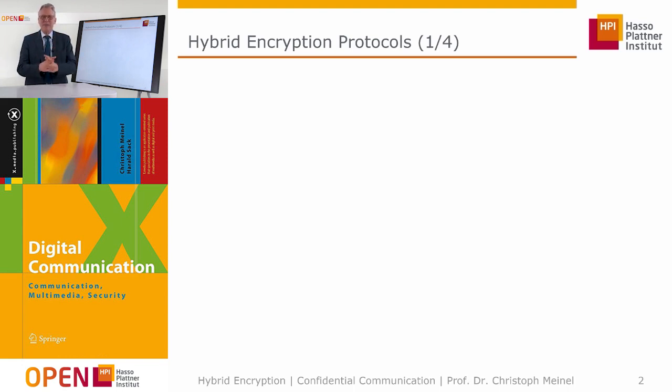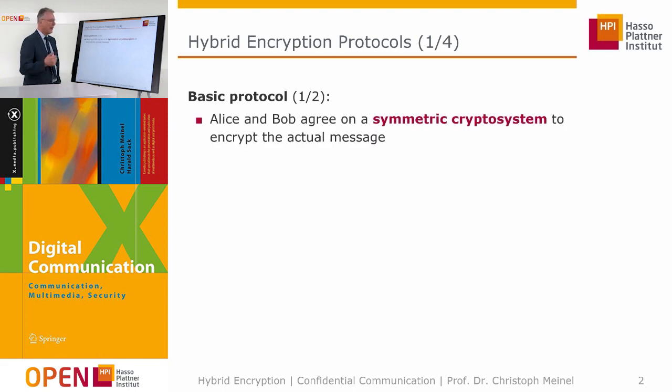So the asymmetric method we will use for communicating the session key, and then for communicating the message we will use a symmetric method. And this is how the basic hybrid encryption protocol looks like.